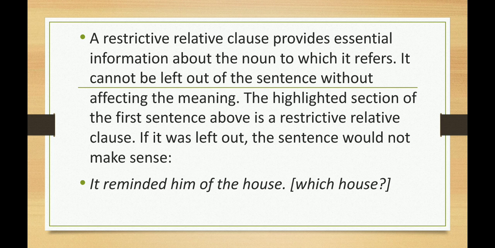So we see here, in the previous example, the highlighted section of the first sentence is a restrictive clause. If we leave it out, the sentence would not make any sense. We have: it reminded him of the house.